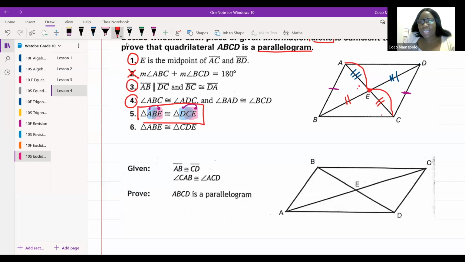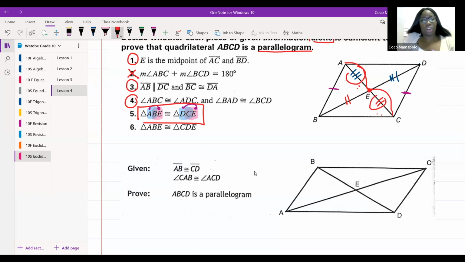Are these two sides equal to each other? Absolutely not. Chimweme, look, this one has 3 lines and this one has 2 lines.